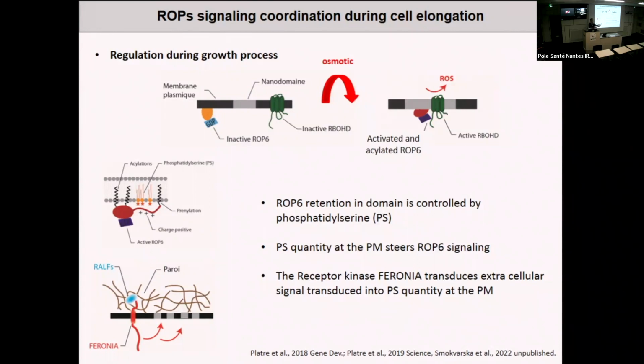The more PS you have, the stronger the response in terms of signaling. And more recently, we discovered the mechanism that might control this quantity of phosphatidylserine at the membrane. This is mediated by a receptor kinase that perceives the cell wall status and then transfers this information to phosphatidylserine localization and quantity.